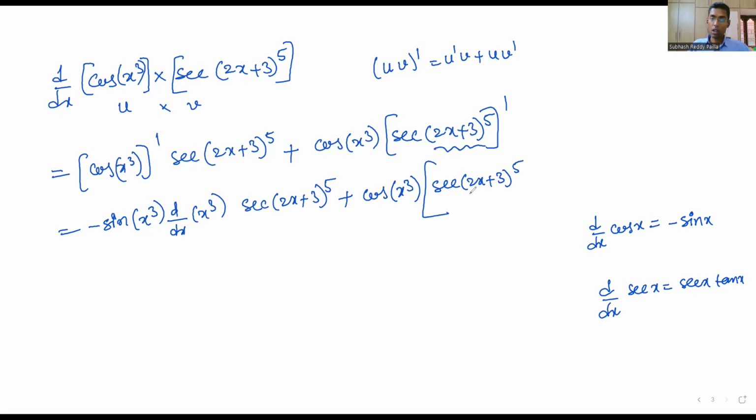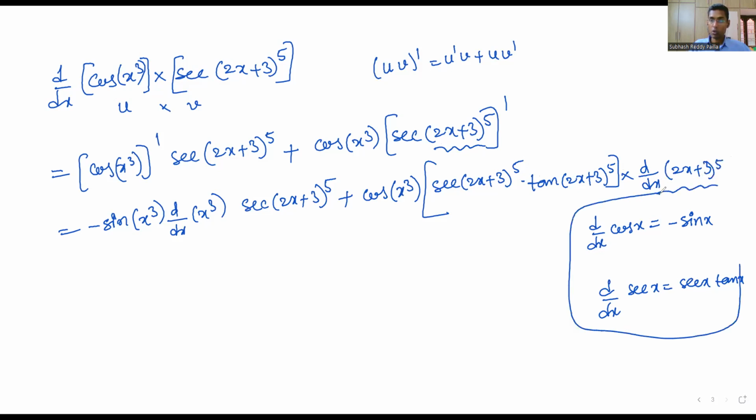That is f of x, so g dash of f of x you should write. So this is secant x tan of 2x plus 3 whole power 5, into d by dx of 2x plus 3 whole power 5, so that is 5 into 2x plus 3 whole power 4.